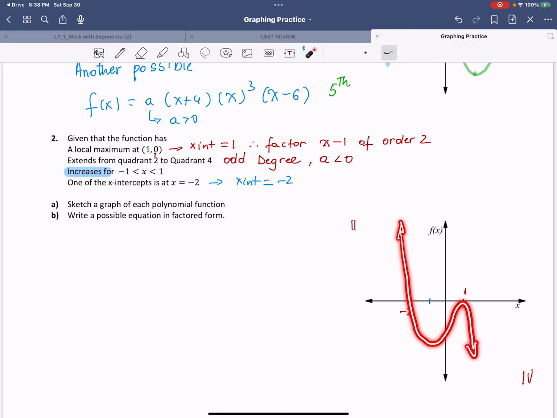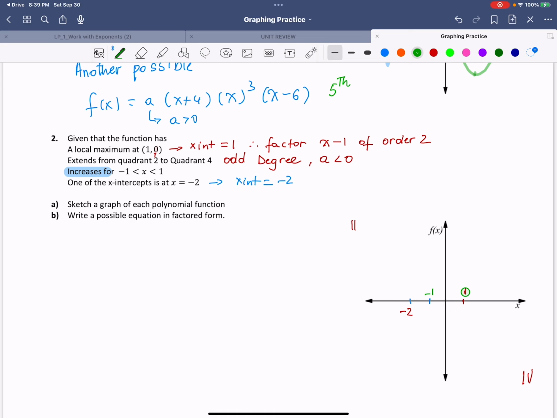So this is the general shape of the graph, but I also want to make sure that I have reflected this quality of the graph on the gradient here. It's increasing from -1 to 1. So x equals -1 is somewhere here, and x equals 1 is right here. I'm going to write that down so I remind myself of what's going on.